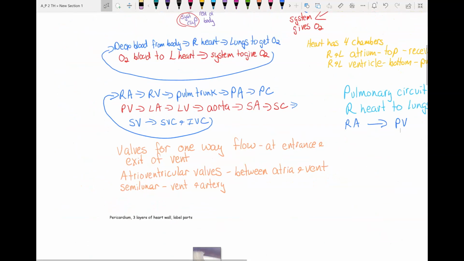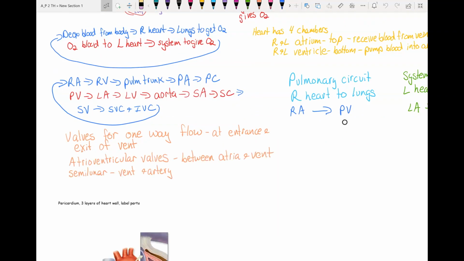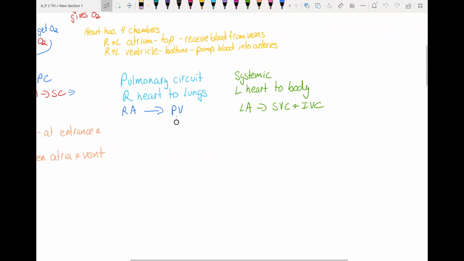So if we add in our valves now, and we do a whole entire path of blood through circulation, we're going to start with the right atrium. Then that blood has to flow through the right AV valve. Now, there's other names for these AV valves.